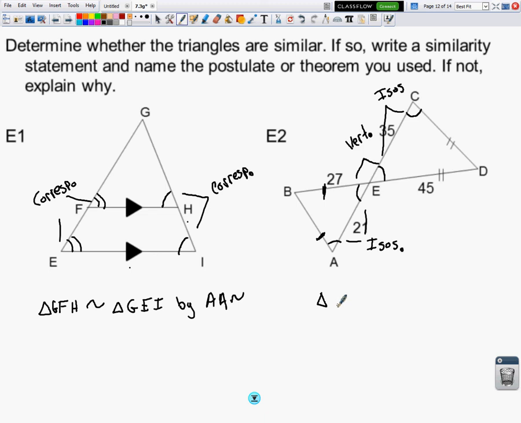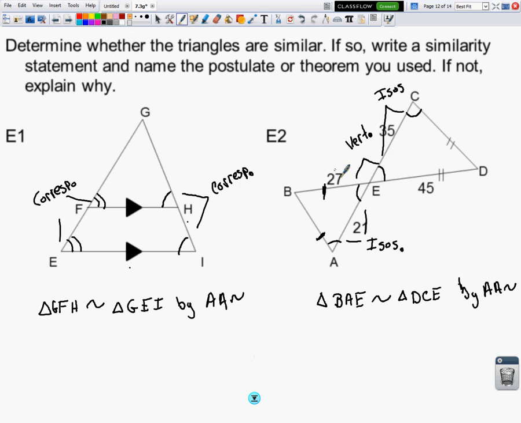Triangle BAE is similar to triangle DCE by angle, angle similarity.